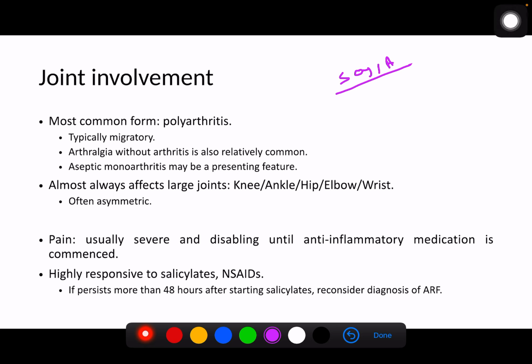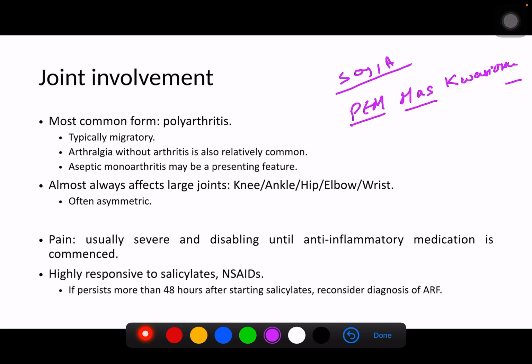As the word says, it is associated with the juvenile age group. If it's a juvenile age group, what is the most important thing you should understand? I've made a mnemonic for you. PEM has Kwashiorkor.